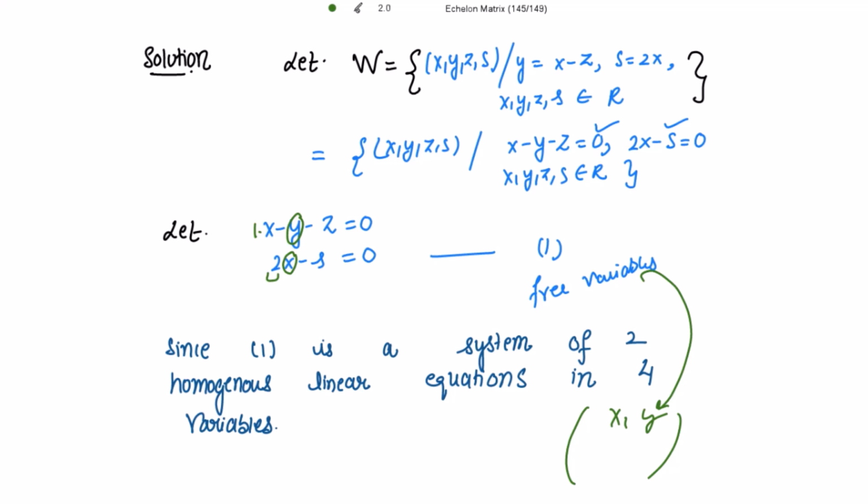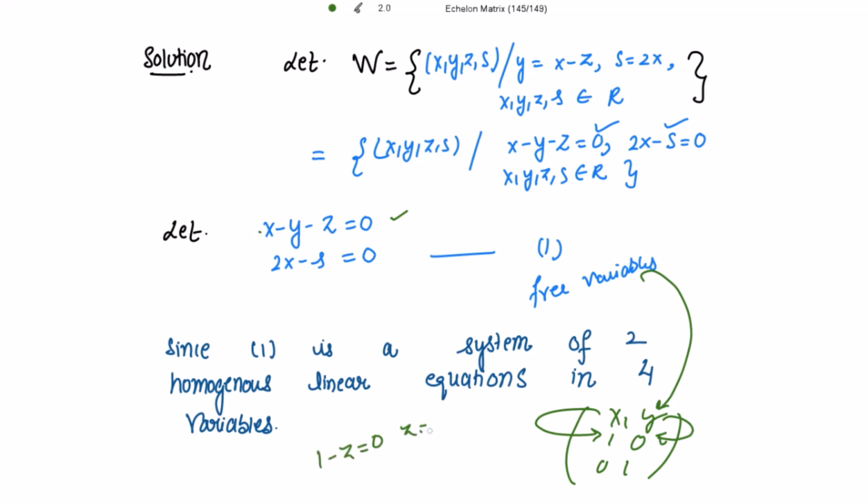Okay. So choosing x and y to be the free variables. How to give values to them? Just write the 2 by 2 identity matrix. So first x is taking the value 1 and y is taking the value 0. And from these two equations we get the values of z and s. So for x equal to 1 and y equal to 0, we get from the first equation 1 minus z equal to 0.